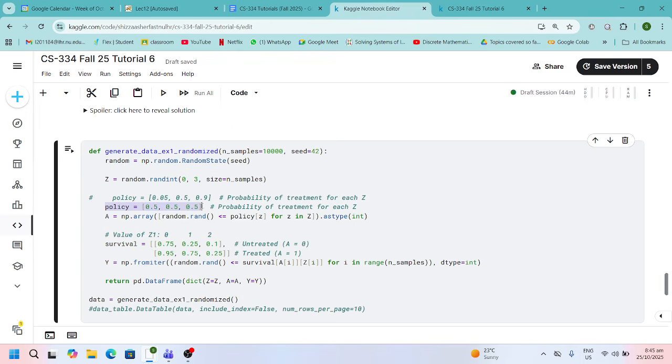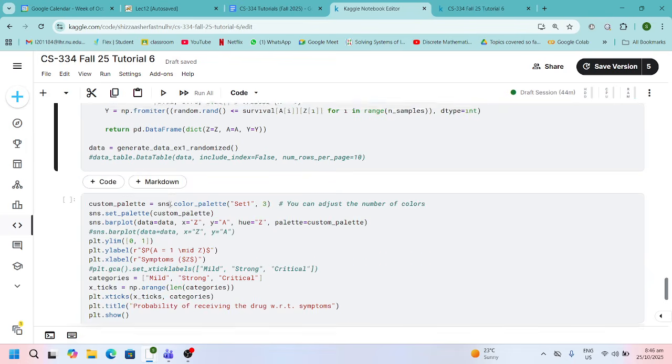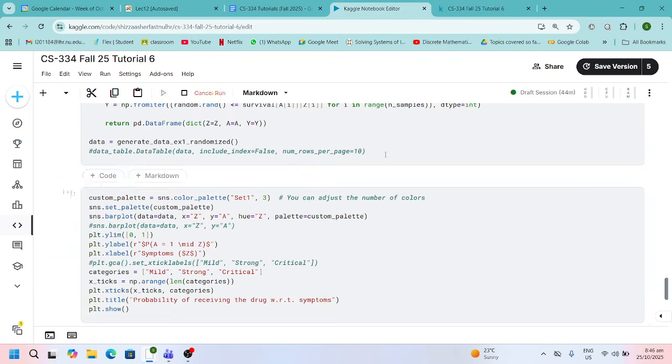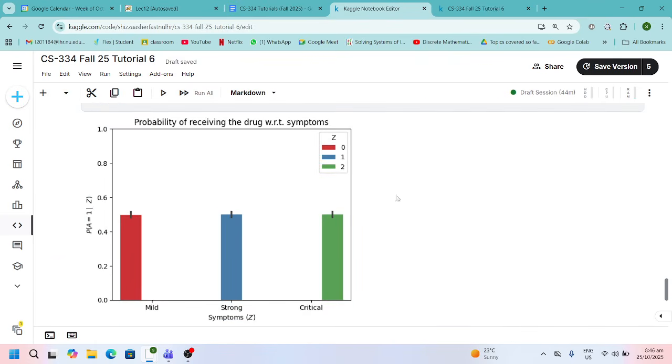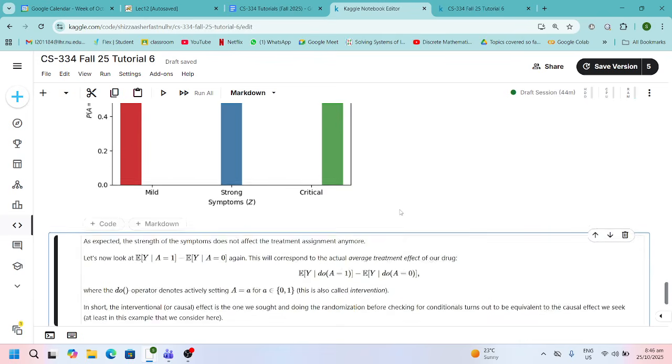Now I have replaced this with 50-50. So 50% chance of getting the treatment for each kind of symptoms. And so I generate my data again. Now look at my updated graph. Probability of receiving the drug with respect to symptoms, 50% each.